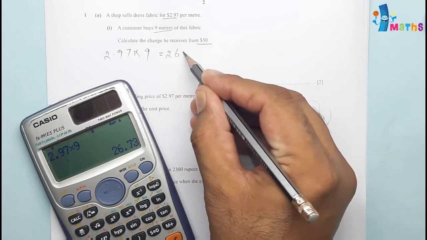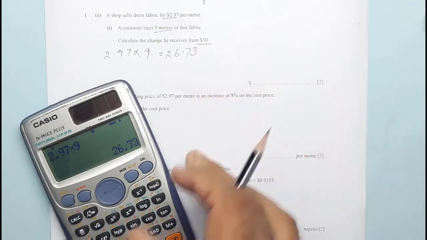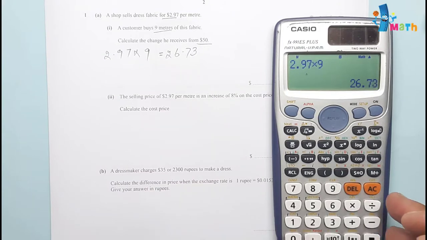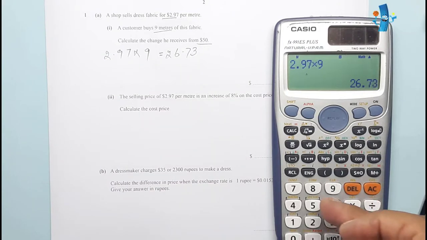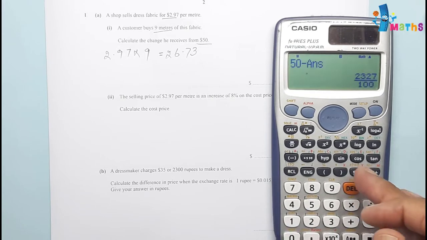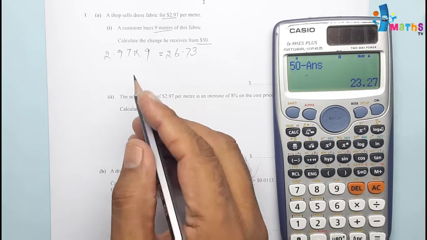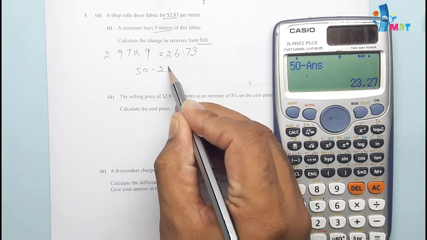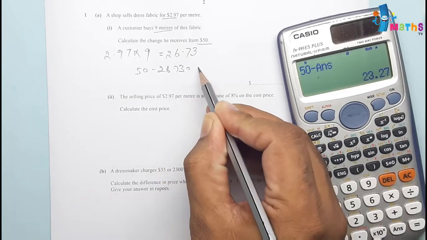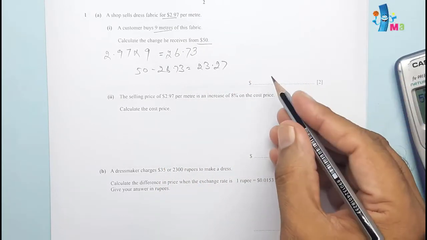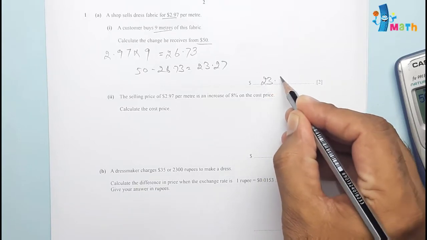So 26.73 is the cost of the dress fabric, and he has paid $50. So 50 minus the answer, 50 minus 26.73, will be equal to $23.27. So we can write the answer over here: 23.27.